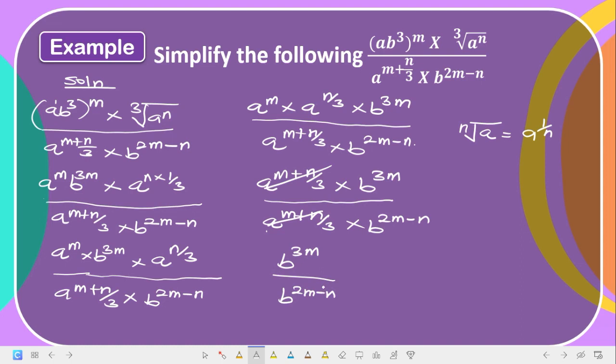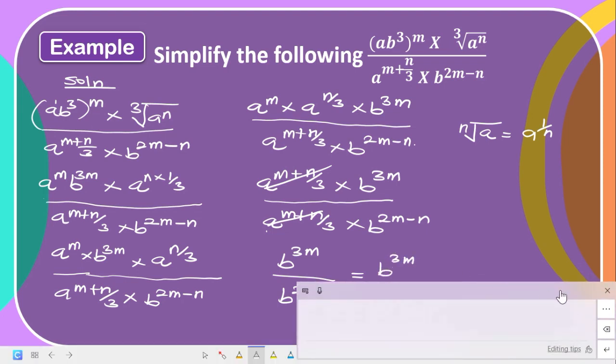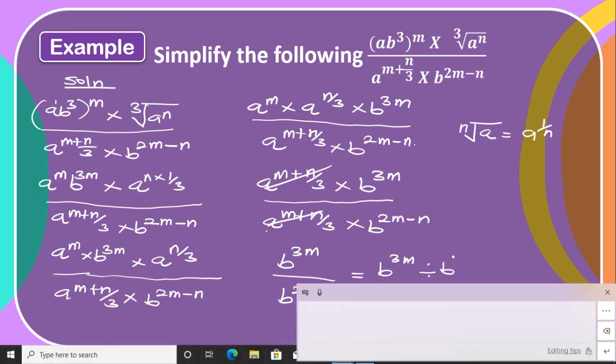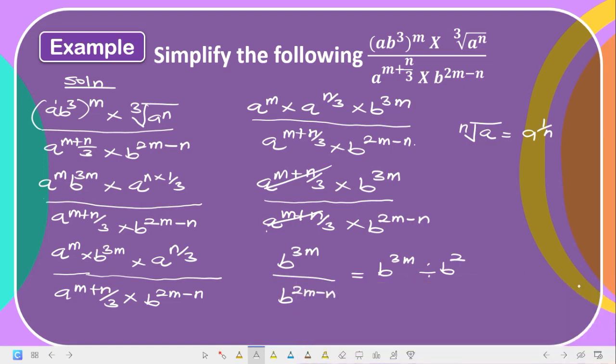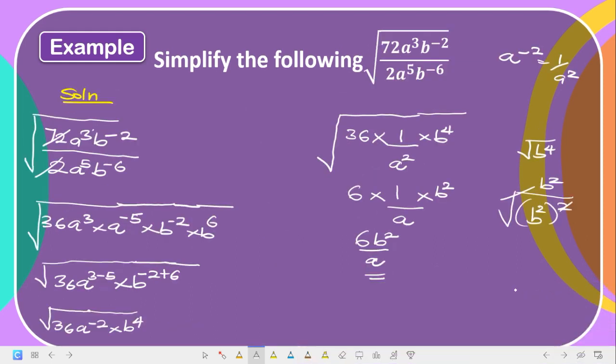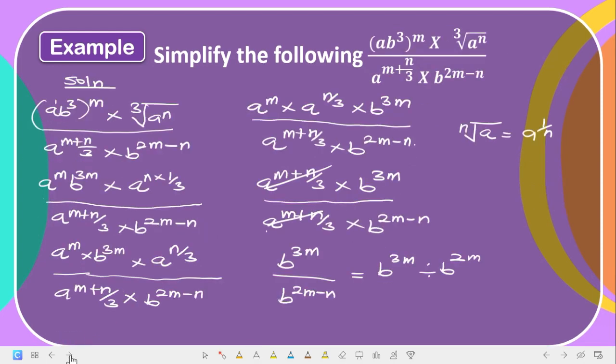Now, according to the law of indices, when the bases are equal, this same thing means b to the power of 3m, leave it here, divided by b raised to the power of 2m minus n.